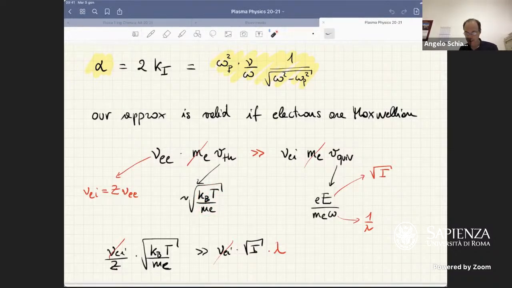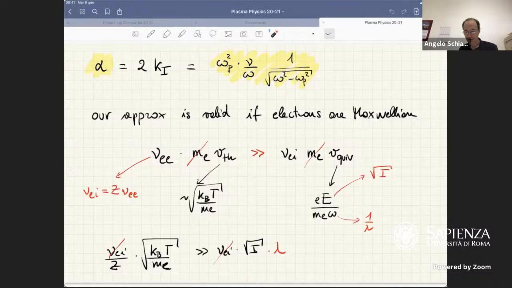On the other side, when we introduce the interaction of a free electron at rest in space hit by an electromagnetic wave, we find out that we have an oscillating solution.